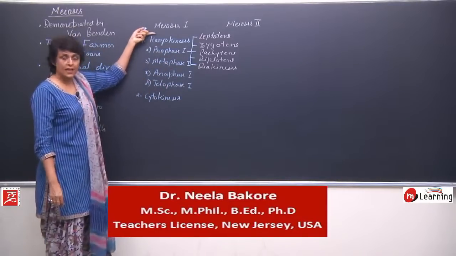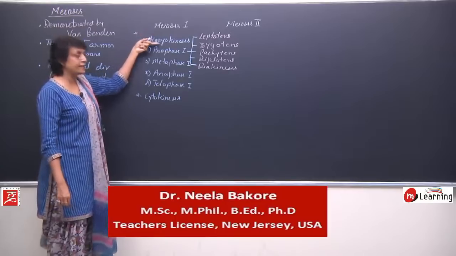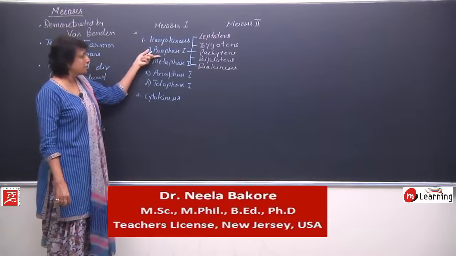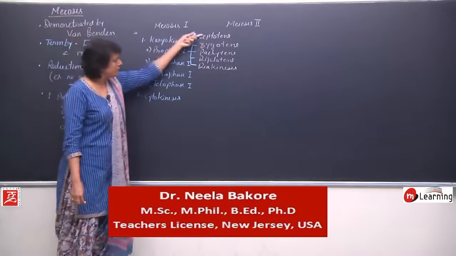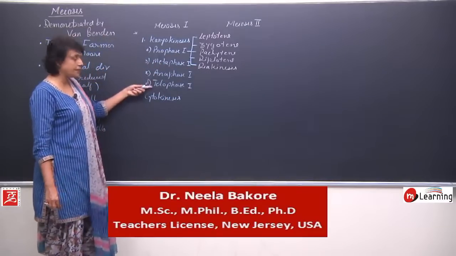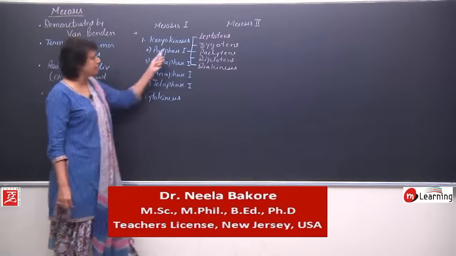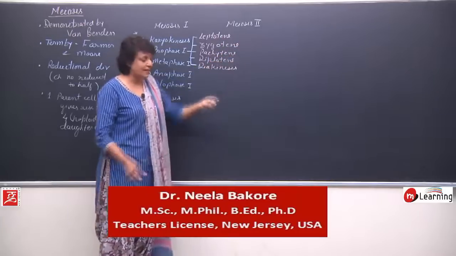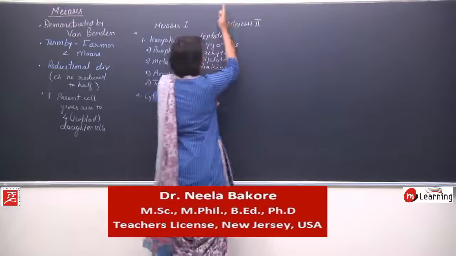So the cell has prepared itself in interphase, then it undergoes karyokinesis. First phase is prophase 1, which is again divided into 5 parts. Then it will be metaphase 1, anaphase, telophase, and then cytokinesis. This will be followed by meiosis 2.